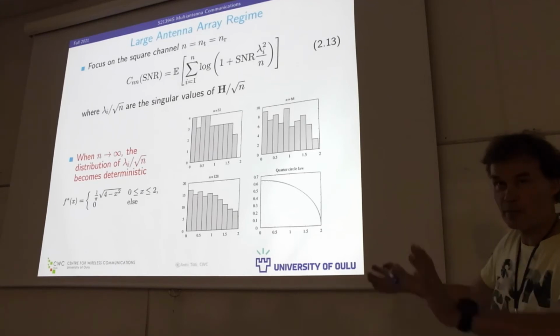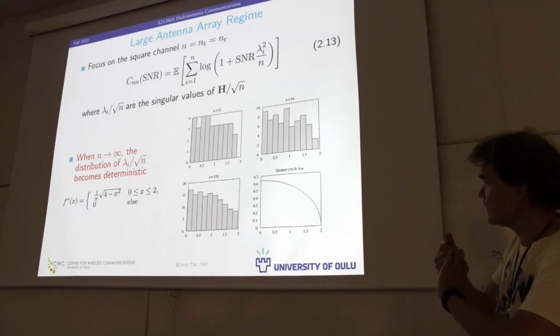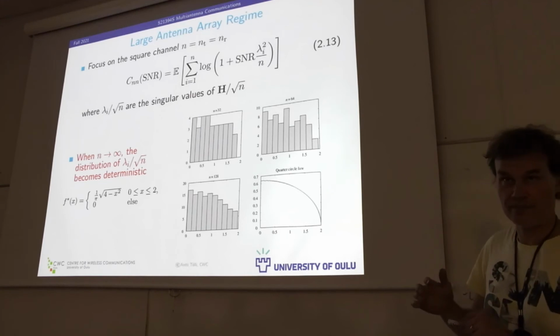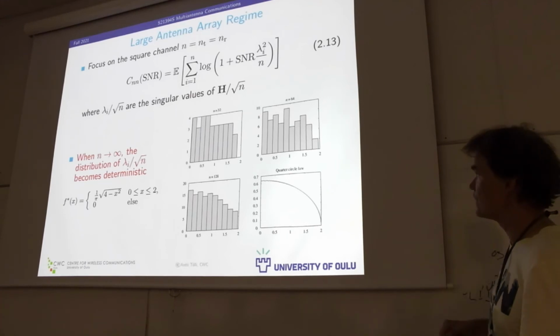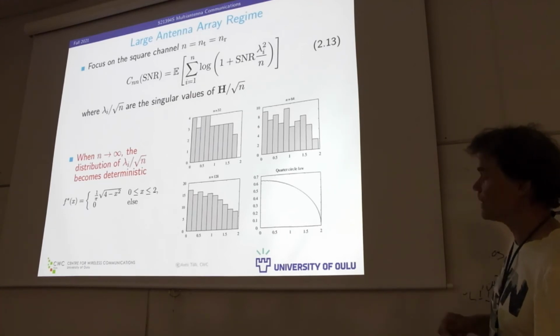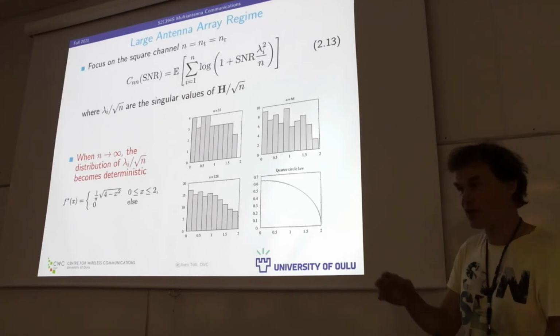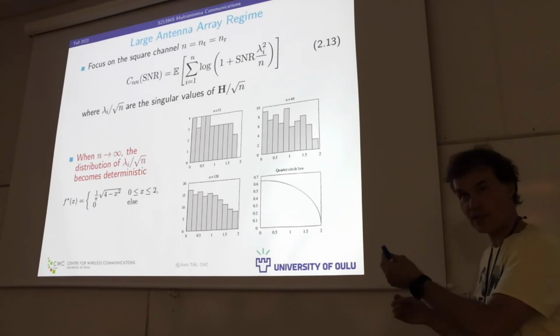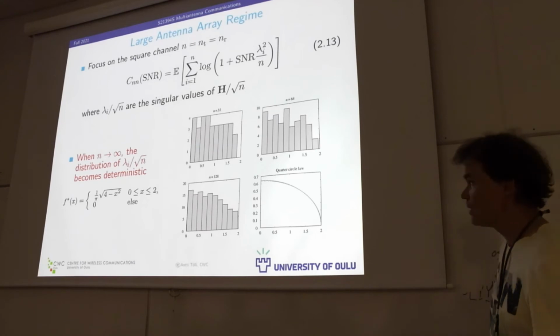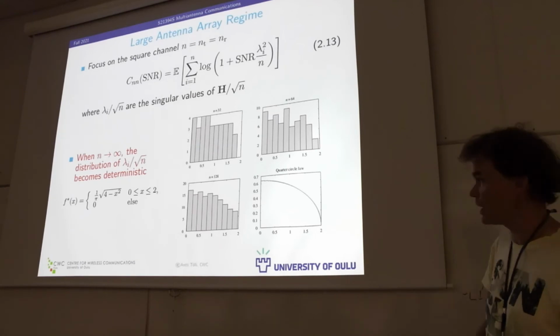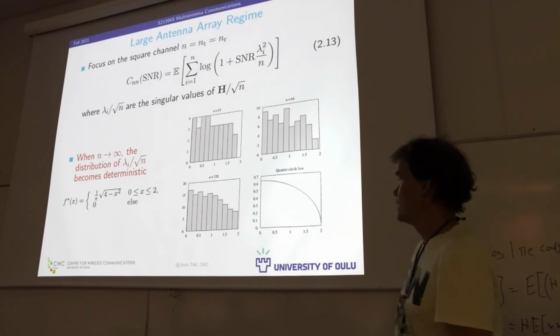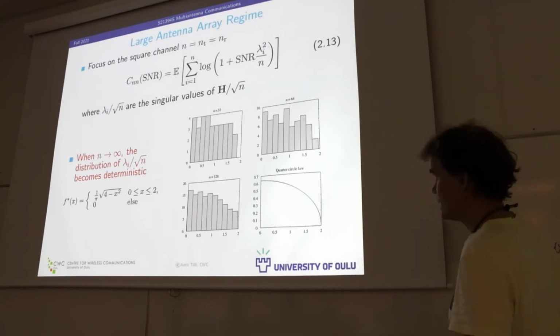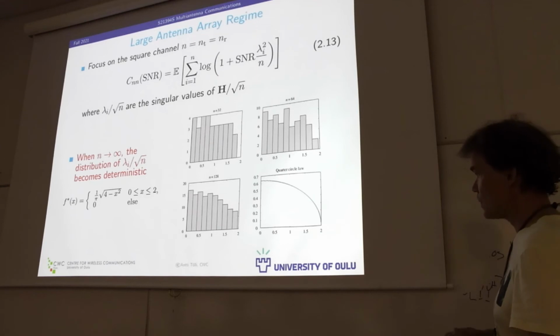When the matrices become large, we can apply so-called random matrix theory to analyze the behavior. We can always use random matrix theory to get an approximation of a finite size matrix, and the approximation actually becomes fairly accurate, as we will see, even for fairly modest size matrices.